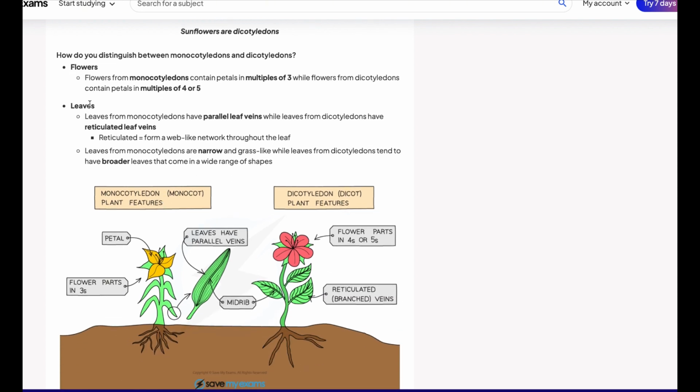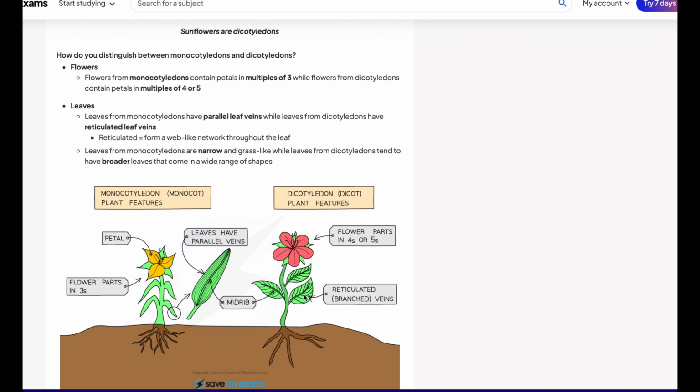Now let's take a look at the leaf part of the plant. The leaves from monocotyledons have parallel leaf veins. The lines are parallel. While the ones from dicotyledons have reticulated leaf veins.